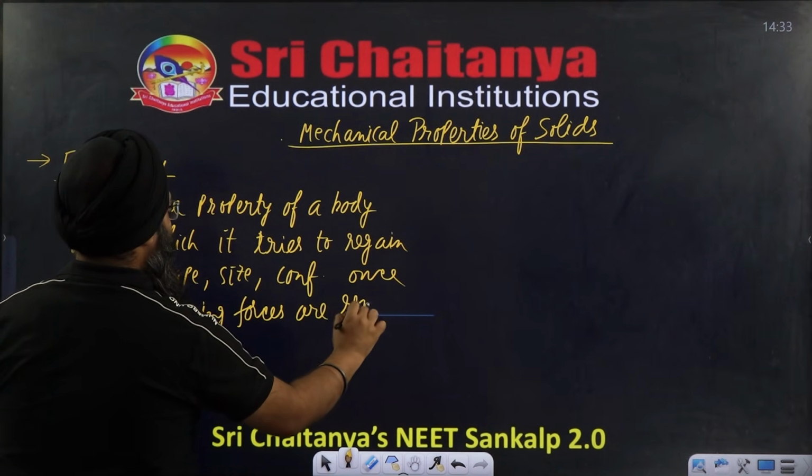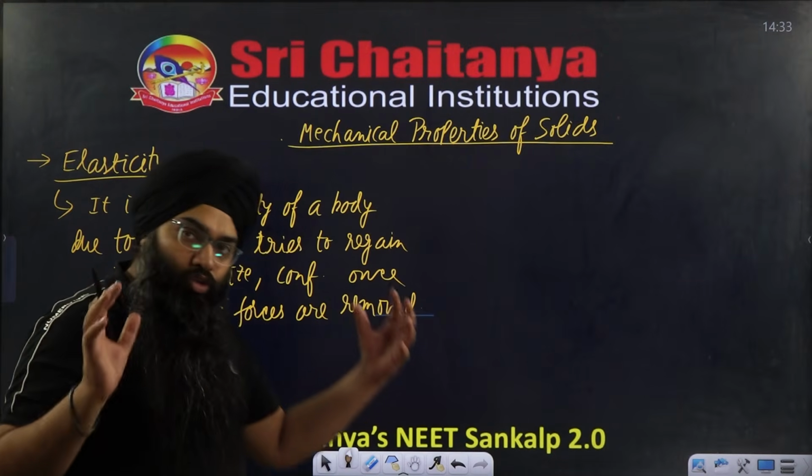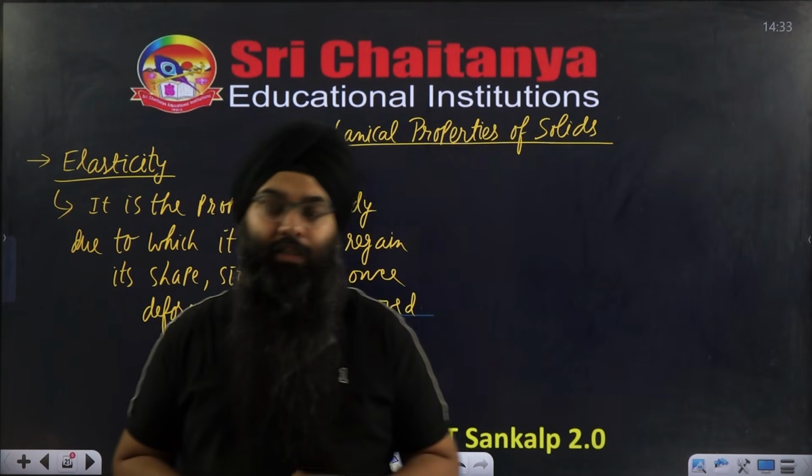So if you remove the deforming forces, then whatever property makes the body want to regain its shape, size, configuration, that is called elasticity of the body.